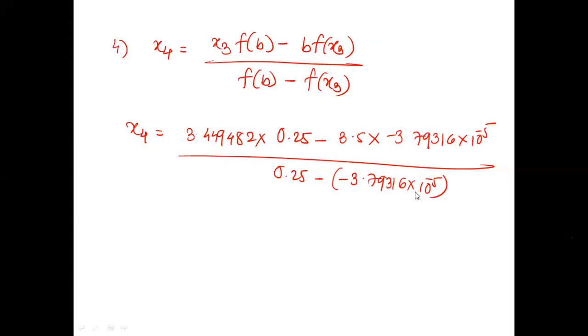Do this and find out x4. Take your time and solve properly. 3.449482 into 0.25.